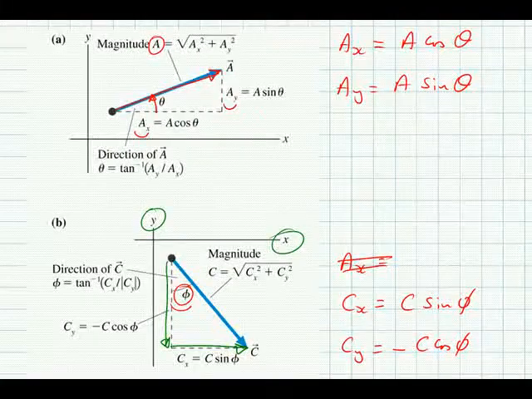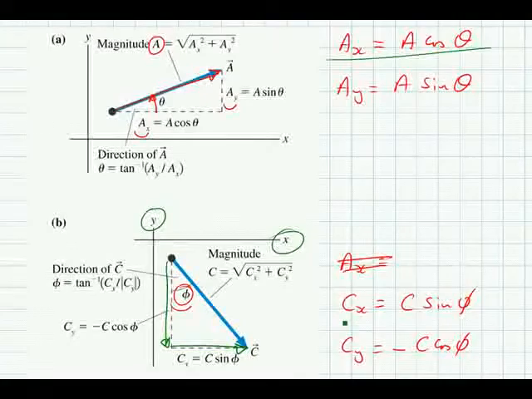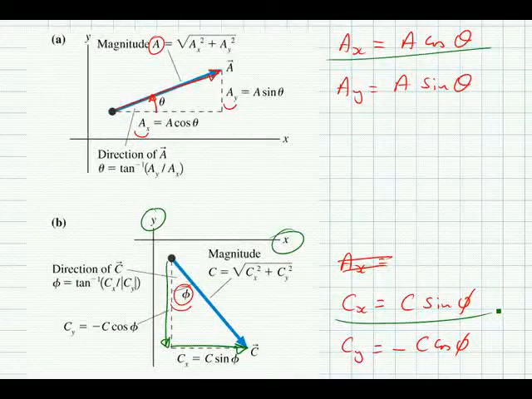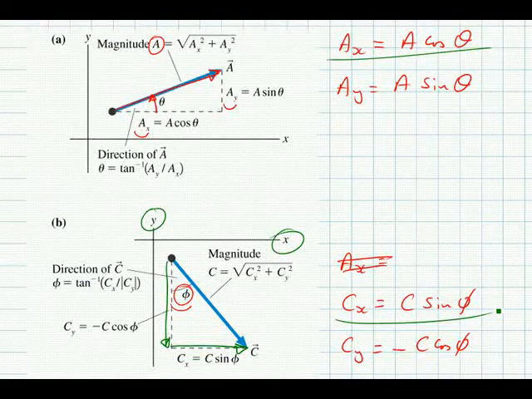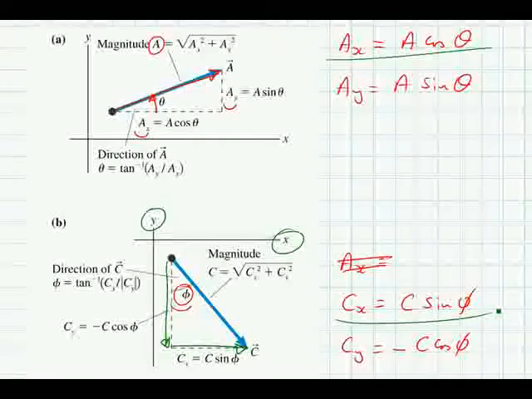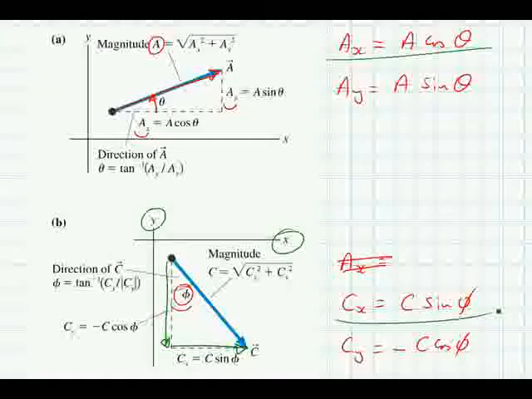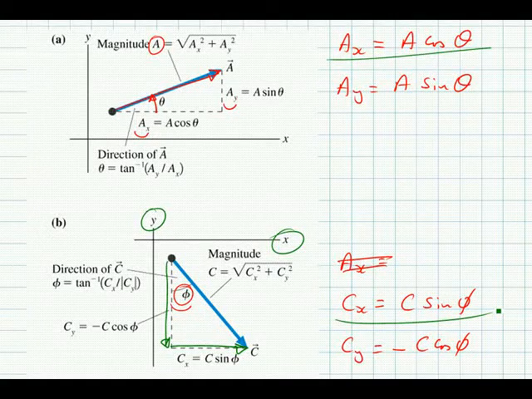But the main difference between these two scenarios is that notice that here Ax is A cosine of the angle, and in this case Cx is C sine of the angle. I know it's trivial, but worth mentioning. Don't memorize Ax as always being the cosine of the angle, and the y component as always being the sine of the angle.